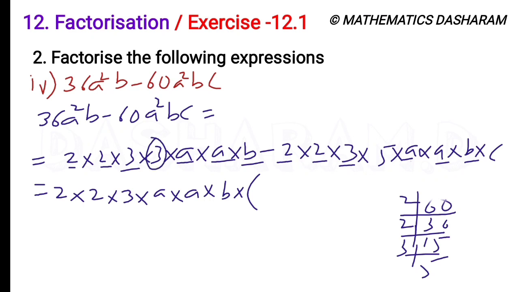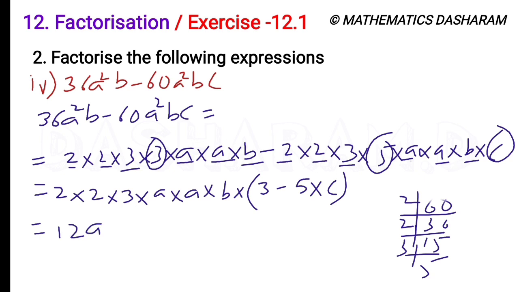Only 3, minus, here remaining terms 5, next here c. So 5 into c. Then it is equal to, here 2 2s are 4, 4 3s are 12. So 12 into a square b, bracket of 3 minus 5 into c. So 12a square b bracket of 3 minus 5c.